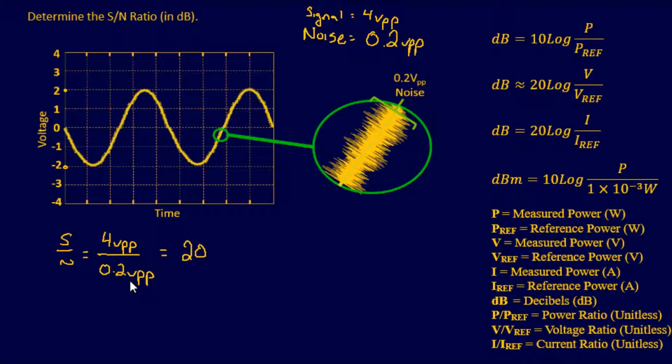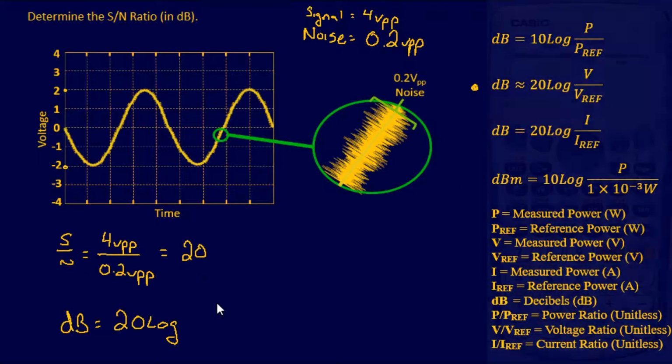Now remember, anytime you do ratios, they're considered unitless. As we look down here, they're unitless. However, you need to know what kind of ratio they are. Well, this one's going to be a voltage ratio, which means I'm going to be using this equation right here. Bring this down here real quick. It's going to be decibels equals 20 log, and then I have my ratio, which is 20.